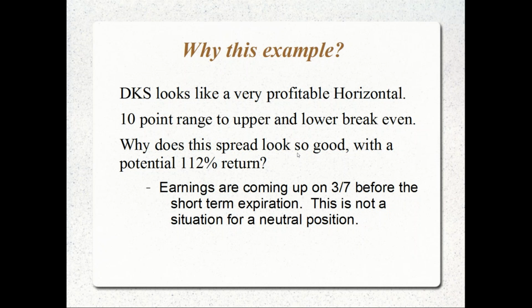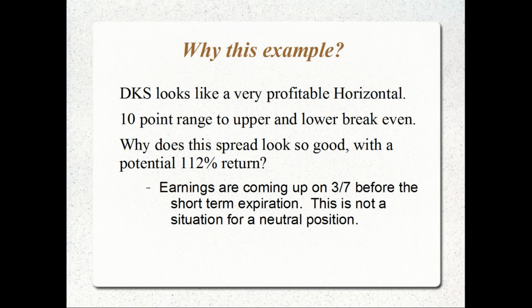But we saw based on the profit and loss chart that this is a neutral position. This is not something that you'd want to be in where you have earnings coming up before the short option expiration. Dick's Sporting Goods could drop 5 points below 45, a 10% drop. It could drop 20% and we're at a loss. And remember the lie of leverage.